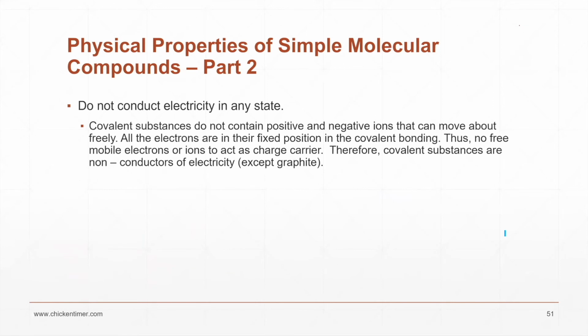Then they do not conduct electricity in any state. The reason is you have to say that they do not contain positive and negative ions that can move freely. Then you have to say that all electrons are in fixed position, so no free mobile electrons or ions act as charge carriers.